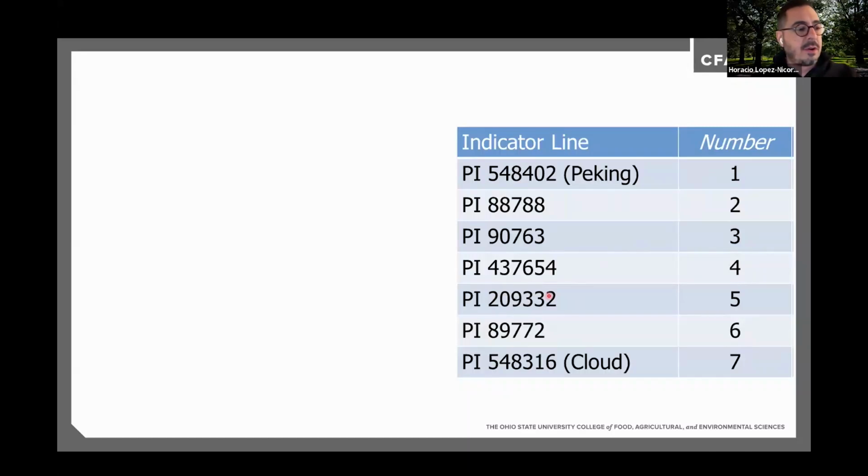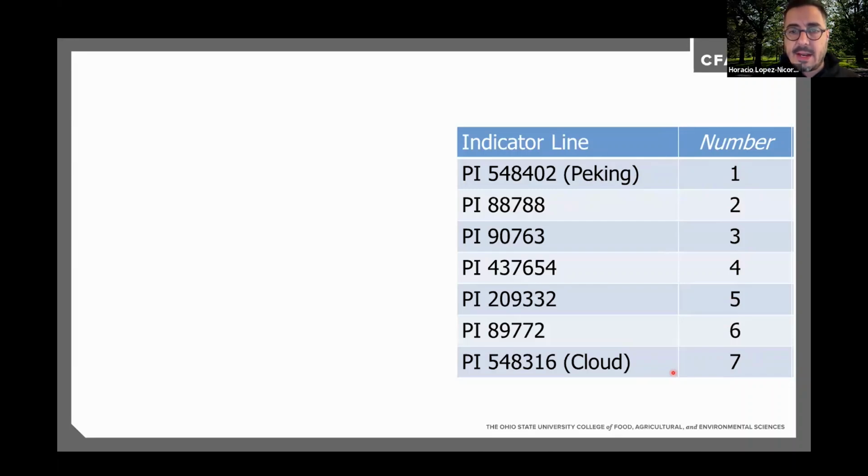You will never grow them for commercial purposes, but they have traits that we can introgress into commercial soybeans, right? And then the number here, 1 through 7, is the chronological order in which they were discovered. So Peking was the first one to be discovered, and it did not allow the nematode to reproduce. 88788, the most common source of resistance, was then discovered, and so on until Cloud.